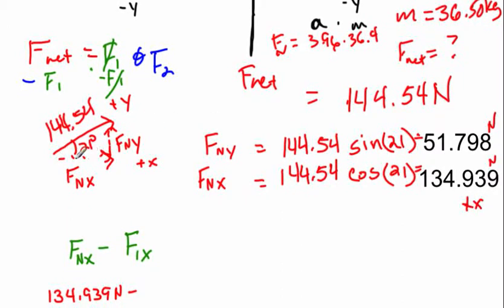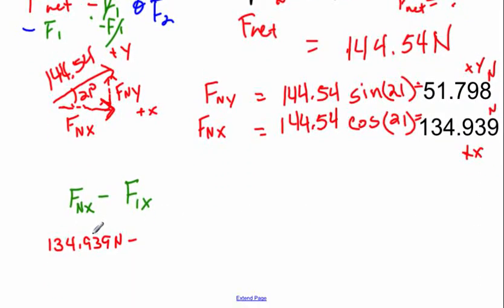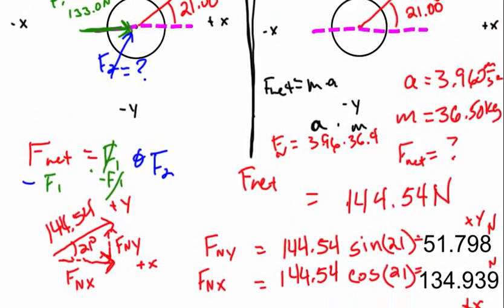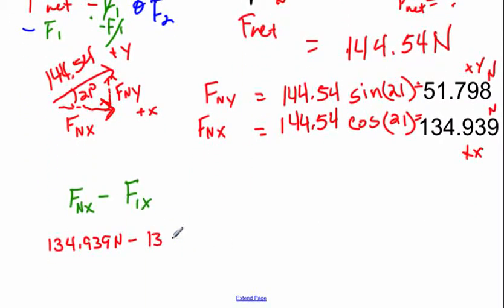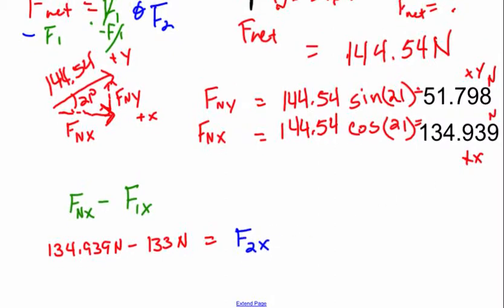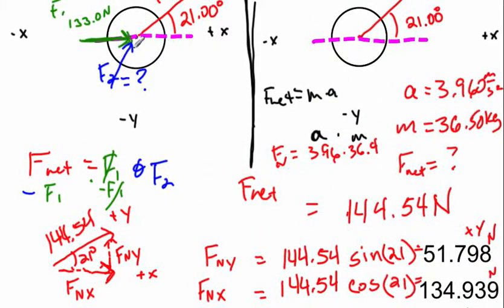If we look at our triangle, it went this way. That's positive X. The Y was in the positive Y direction. Okay, so that's a positive number. The force 1, its X component, was in the positive direction at 133 newtons. So I'm going to subtract the 133 newtons. That will equal the X component of my second force, right?